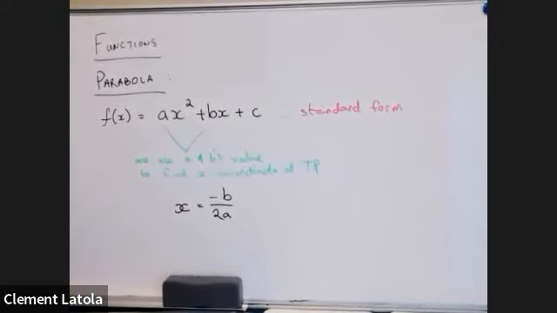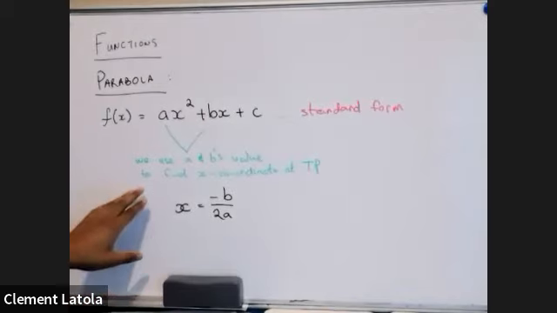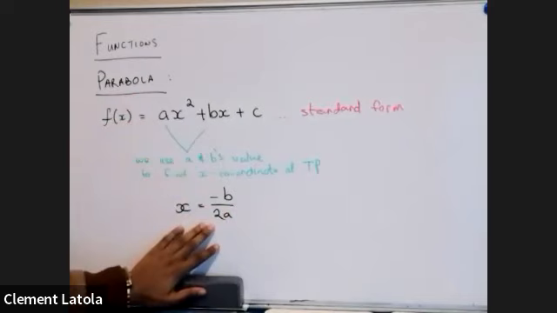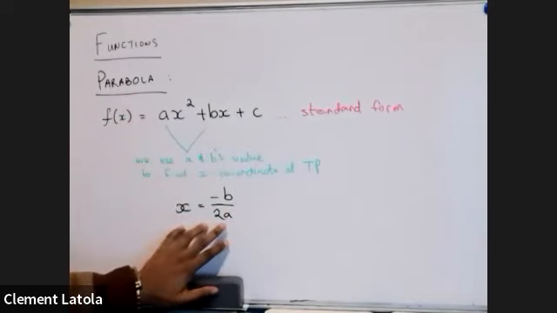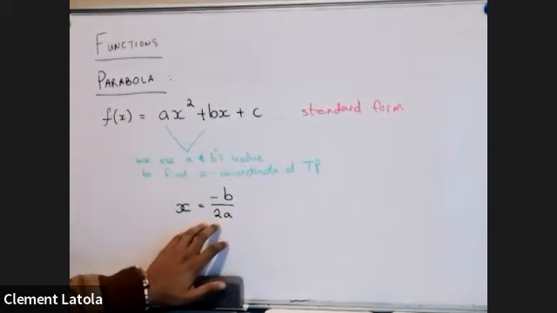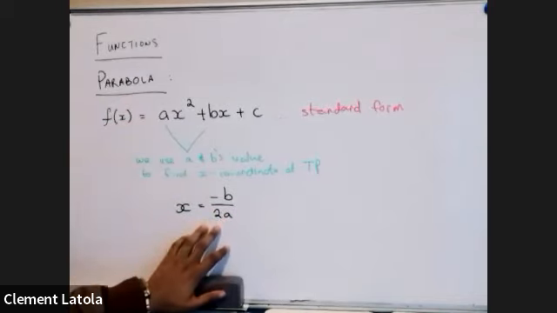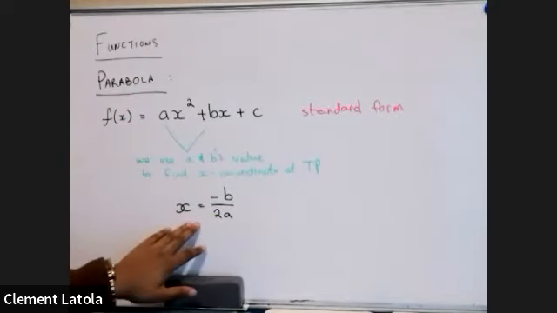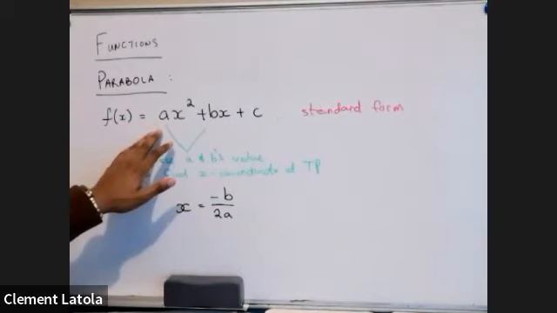So we use a and b's values to find the x coordinate at the turning point. And then once we have the x coordinate, we can substitute our x value back into the equation to find the y value.